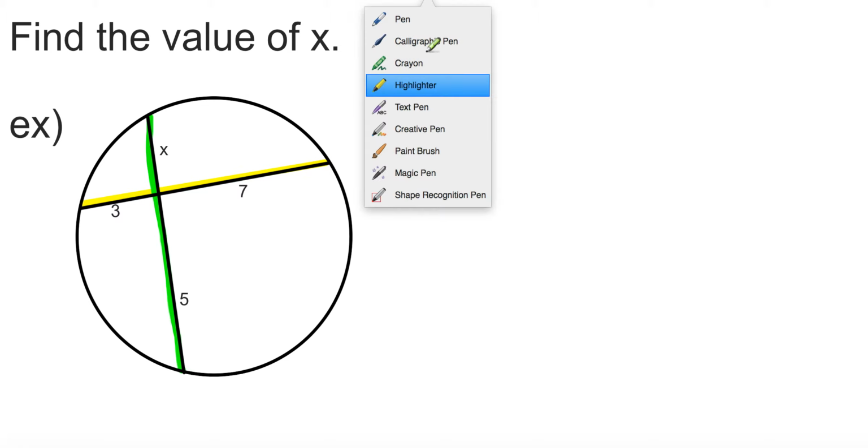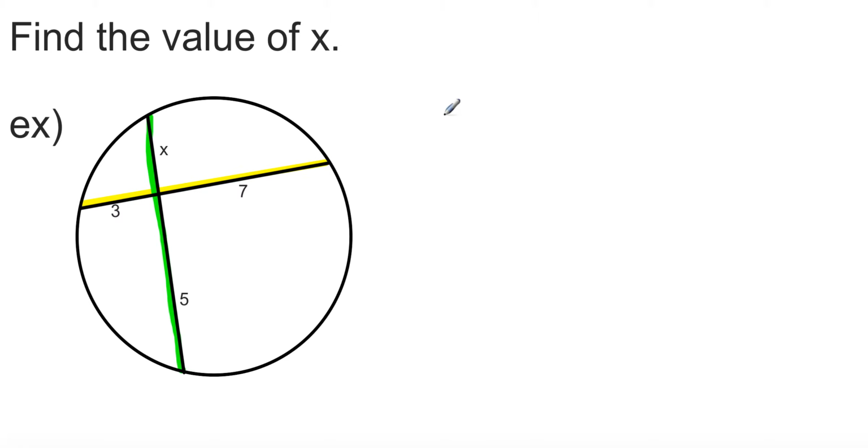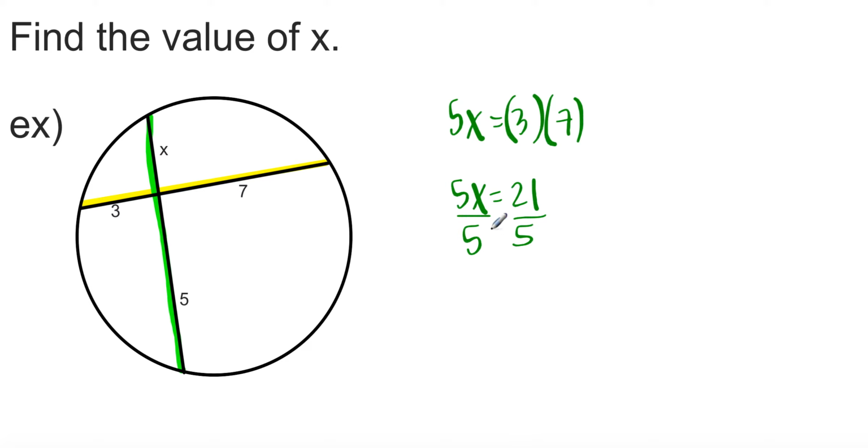So you just set the products equal to each other. So that would be 5 times X is equal to 3 times 7. So 5x is equal to 21. Divide by 5 on both sides. And x is 21 over 5, or you might want to write it as 4.2.